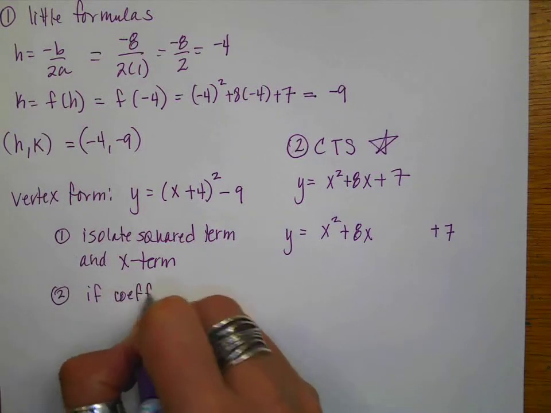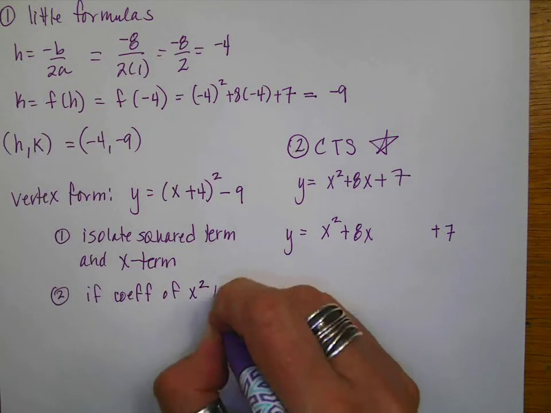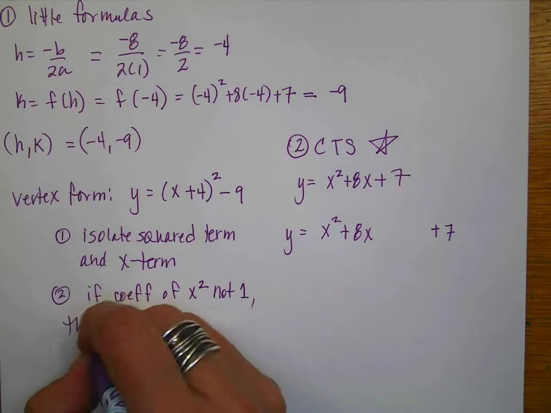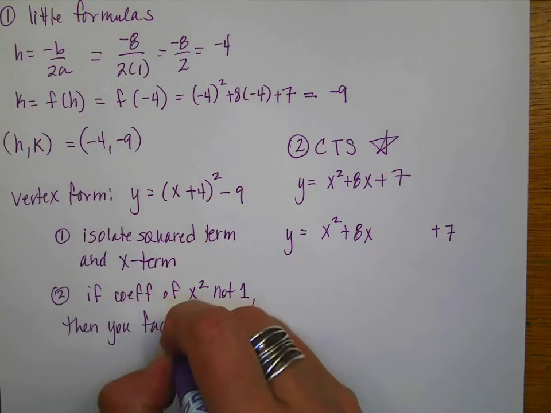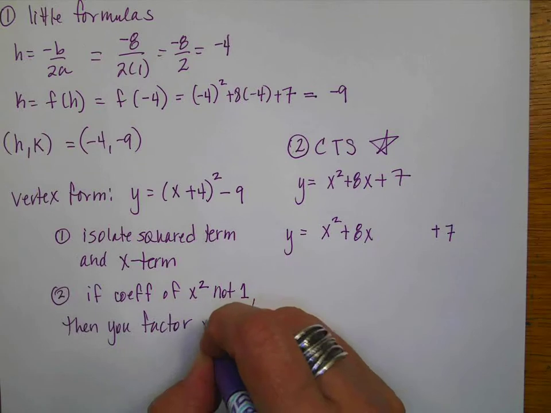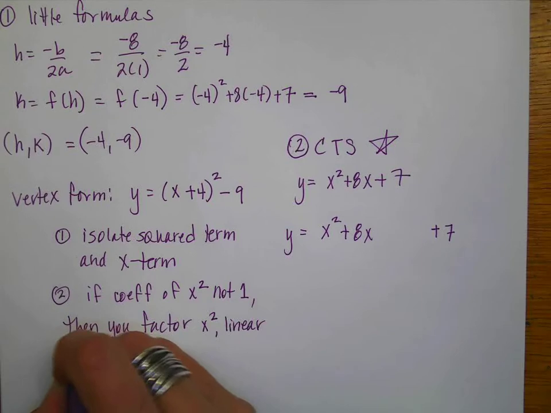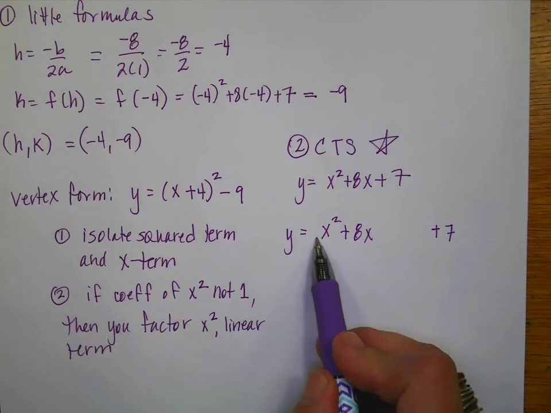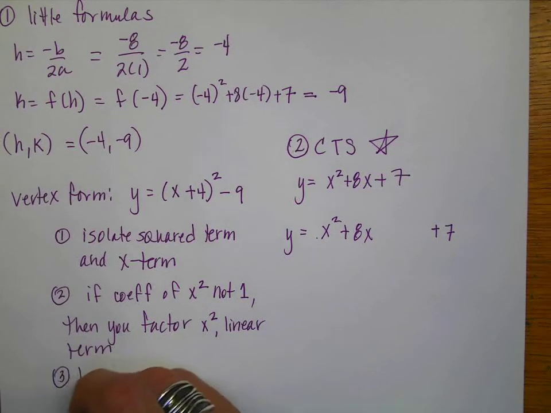If the coefficient of x squared is not 1, then you factor it out of the squared term and the linear term. Okay? But in this case, we have a 1 in front, so I can skip step 2.